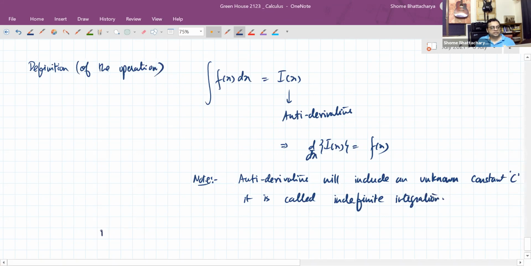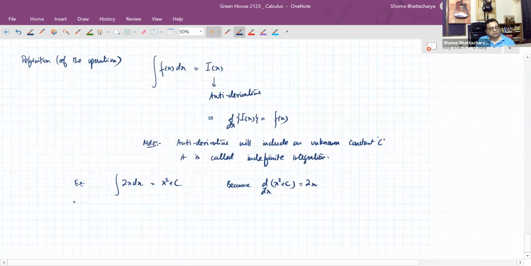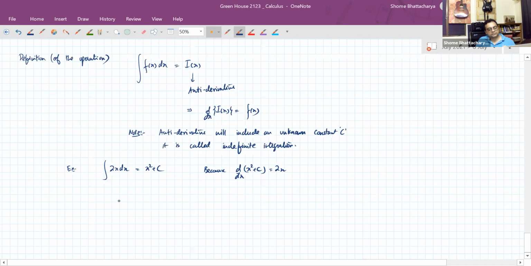Now you can include the example that I told you: integration of 2x is going to be x square plus c. Why? Because differentiation of x square plus any constant you can think of, including 0, is 2x. Another example: integration of cos x will be sin x plus c.